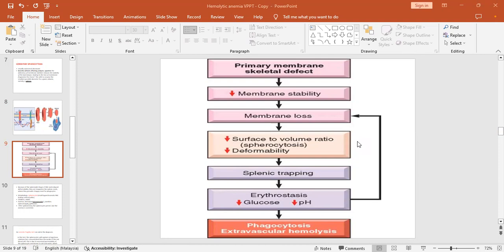So there is membrane loss. This membrane loss makes the RBC take a shape which is nothing but a sphere. There is splenic trapping and phagocytosis, which leads to extravascular hemolysis in a case of hereditary spherocytosis.